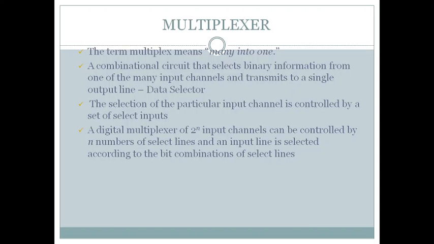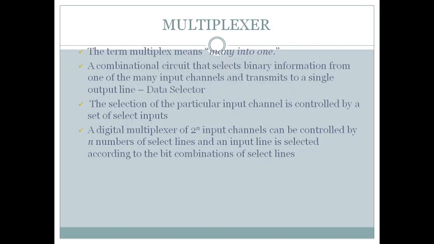In the same way, if there are n number of select lines, then it can control 2 power n input channels, or using n select lines, one out of the 2 power n input channels will be selected according to the bit combinations of the select lines.